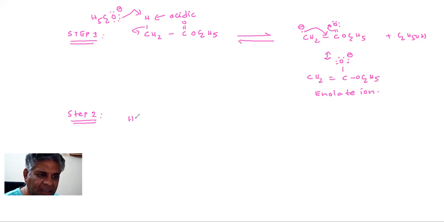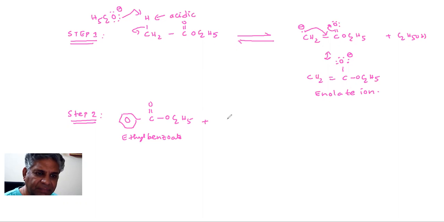Now this carbanion reacts with ethyl benzoate. Now this reacts with your ethyl benzoate. So this is C double bond O C2H5, ethyl benzoate. This is ethyl benzoate.